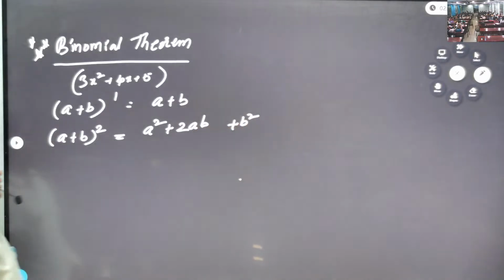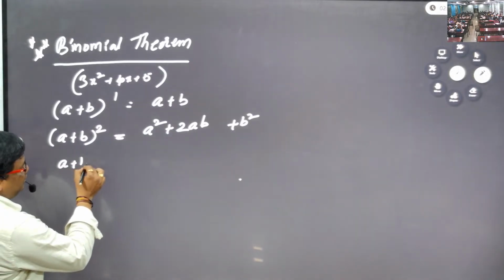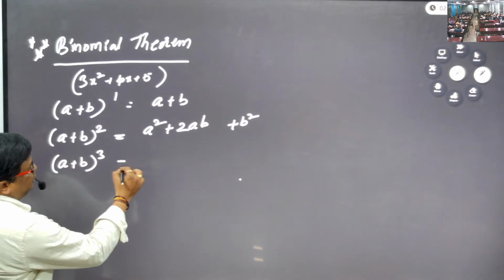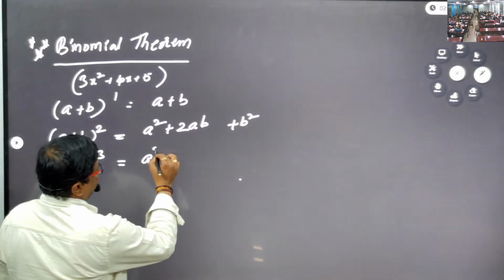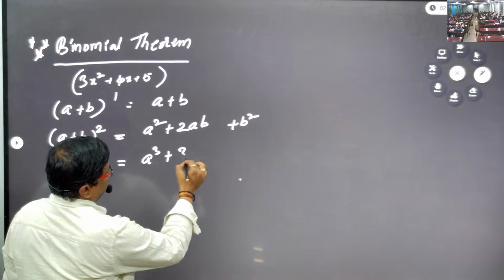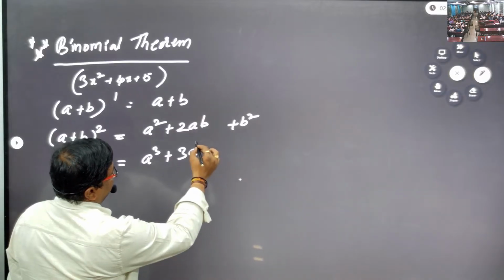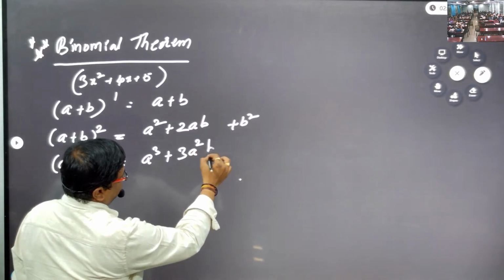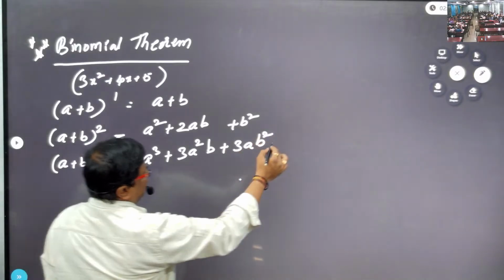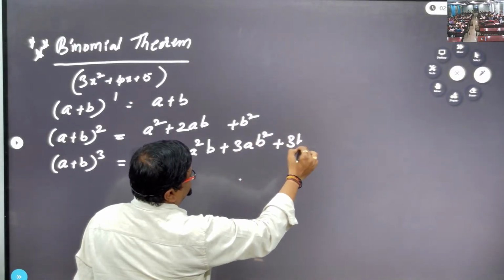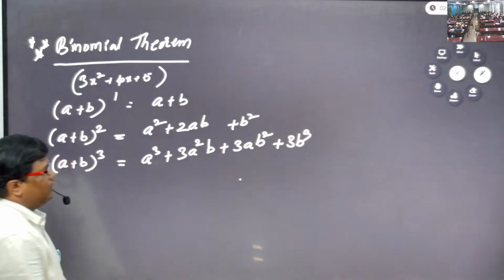Even if I ask you to write a plus b power 3, what is the answer? A cube plus 3a square b plus 3a b square plus b cube.